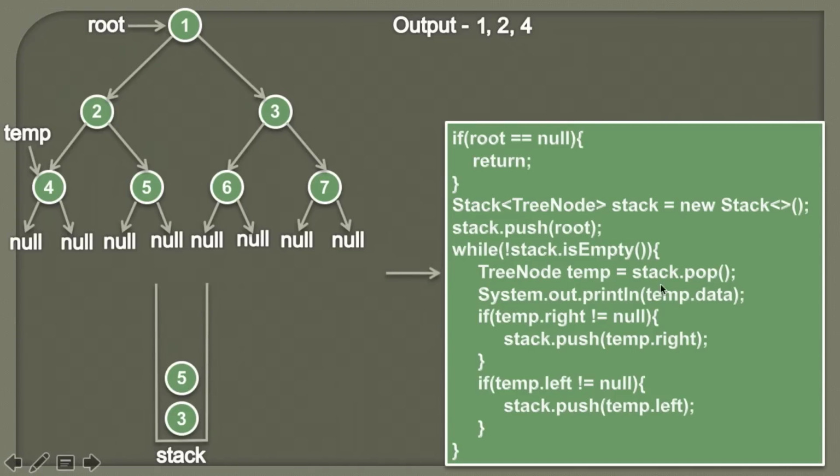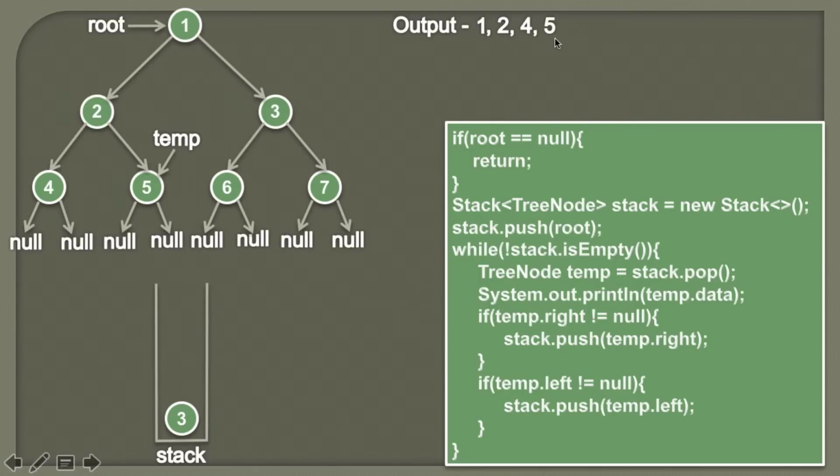And the first step will simply pop the top element and will assign its value to the temporary node. So currently you see node having data as 5 is the top element. Therefore we'll pop it out, and now the temp will point to the node having data as 5. Moving ahead. Now we'll simply print the data associated with this temporary node, which is 5.